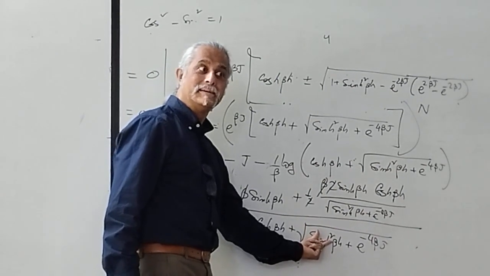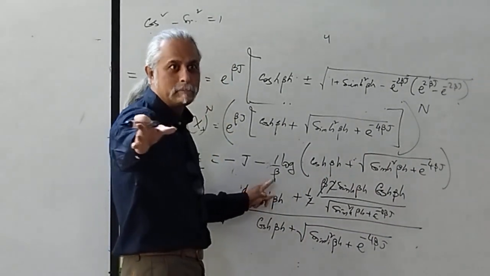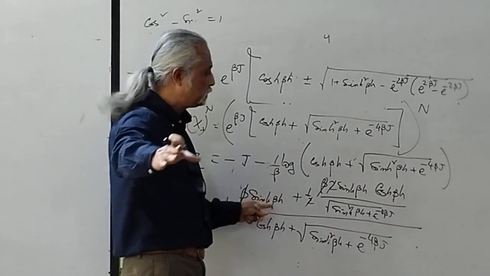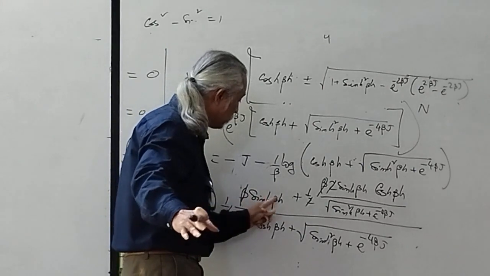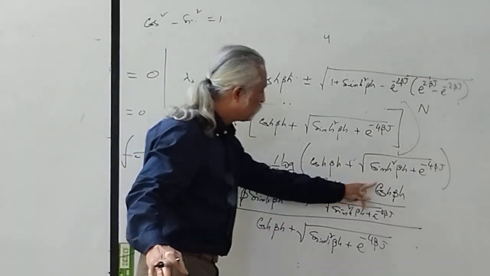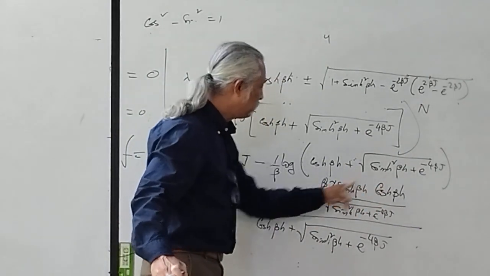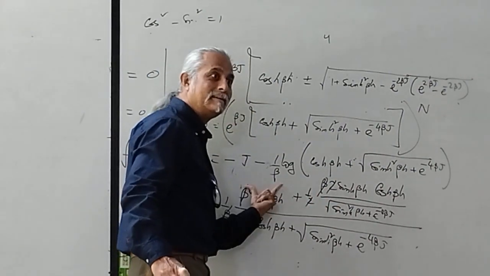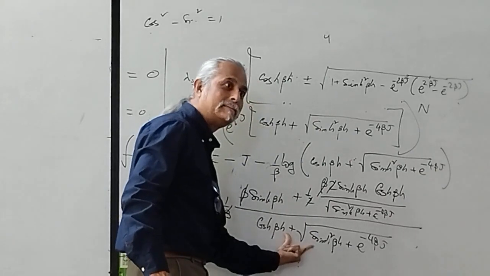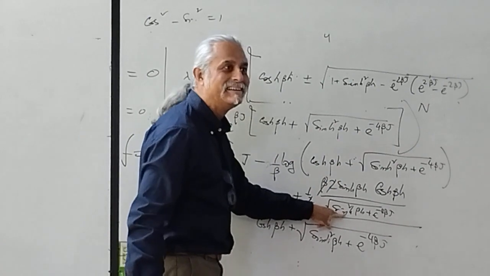Do you all understand? I am trying to skip a step, and if you understand that it helps, otherwise I have to write it again. So if I take sin hyperbolic beta H common then I have 1 plus cos hyperbolic by this, then if I add, the cos hyperbolic plus term that comes here will cancel out with that. So you will be left with only sin hyperbolic divided by that.